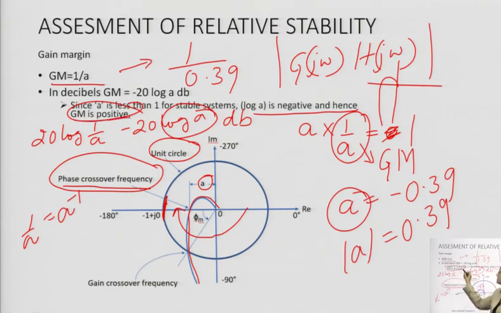Gain margin is positive for all stable systems. It means that if the gain margin is positive, the system is stable. So gain margin can be written as 1/A, and in decibels it is minus 20 log A dB.